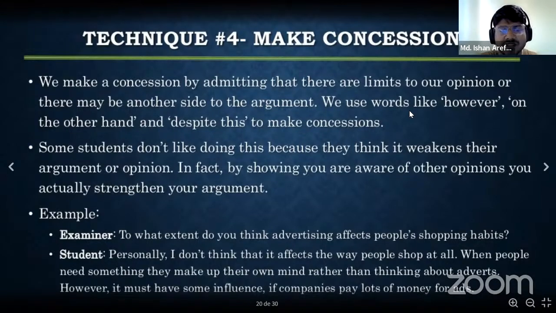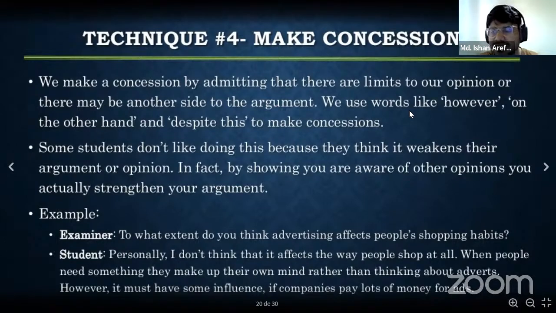For example, the answer to this question is written here like this: personally, I don't think that it affects the way people shop at all. So that's your own opinion, that advertisement doesn't affect people's shopping attitude. That's your opinion, you have told that. And then you are giving explanation: when people need something, they make up their own mind rather than thinking about adverts.